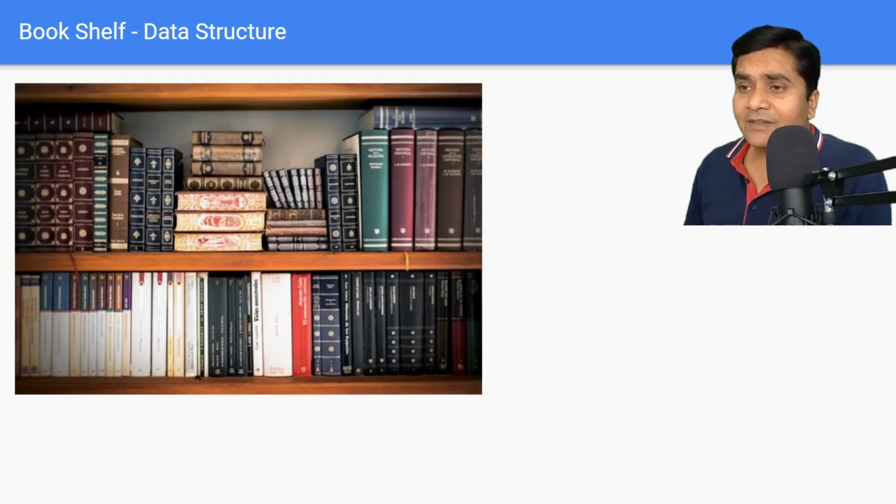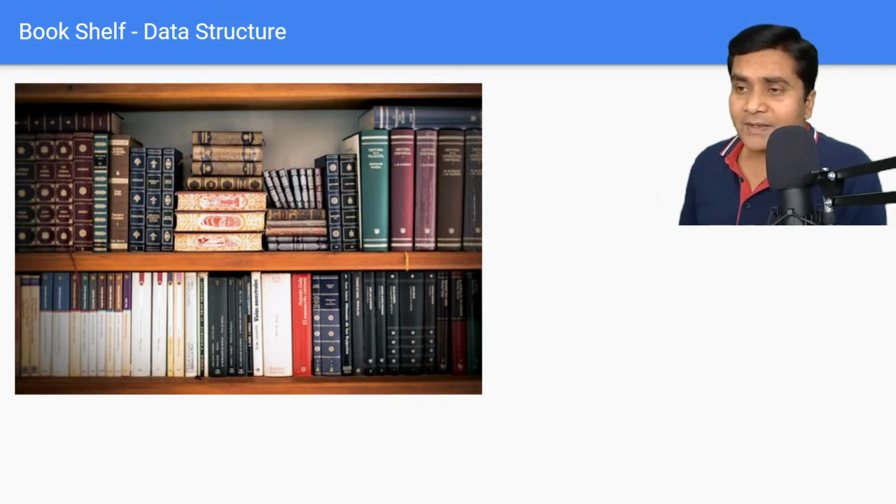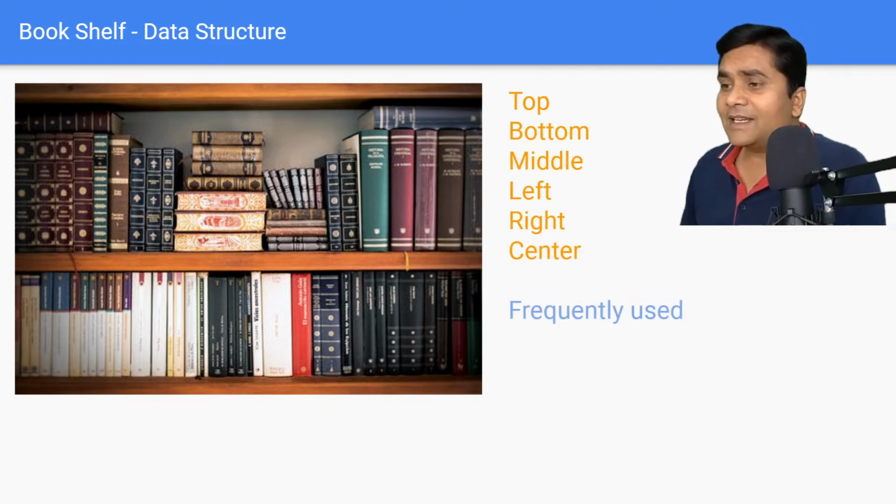Now let's talk about a simple example of the book shelf. When we see our book shelf at home, which contains different books, we organize the books in a proper format to make them accessible properly, right? For example, we arrange the books on the top, bottom, middle, left, right, center.